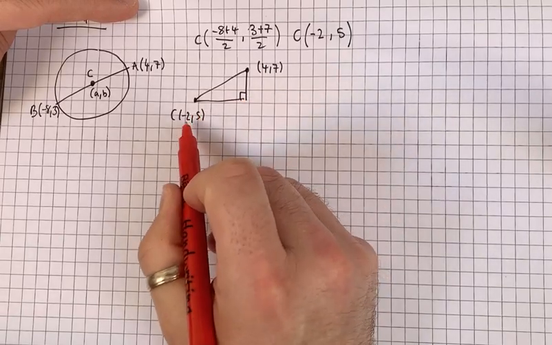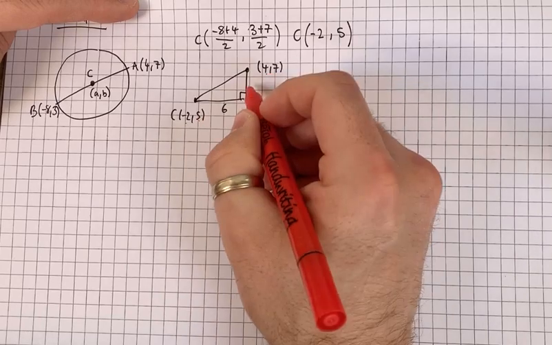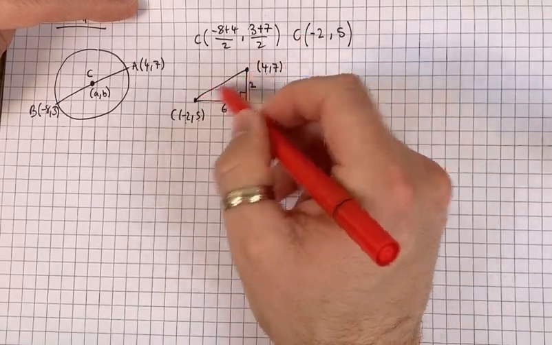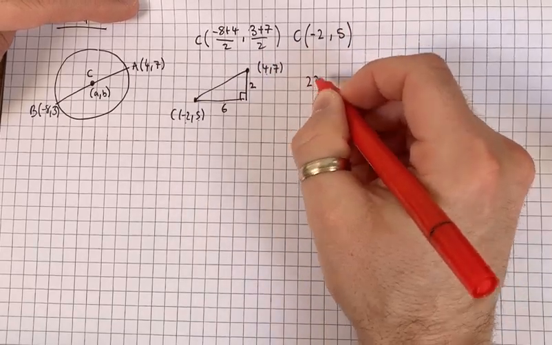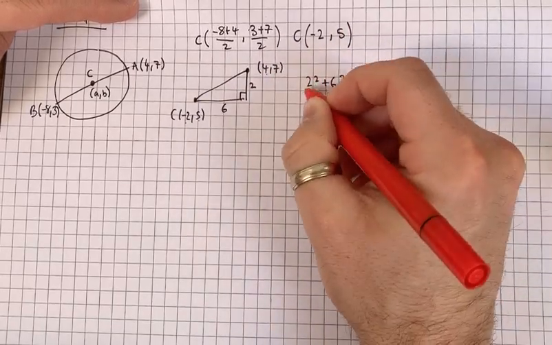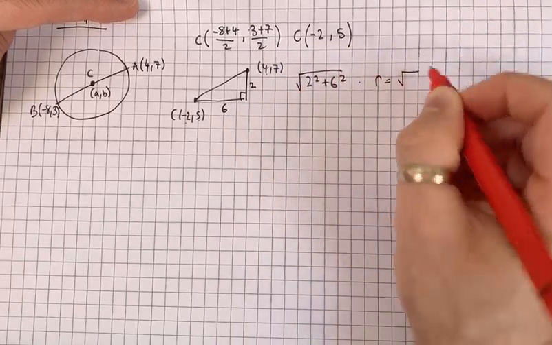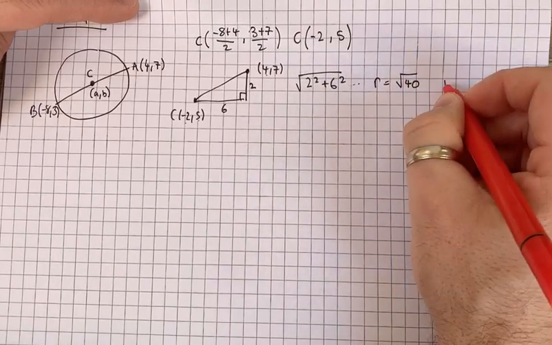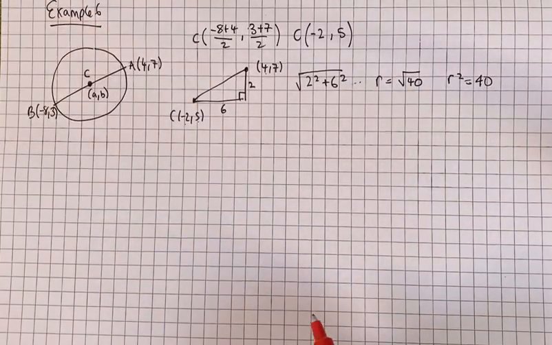So we can see we need to go from minus 2 to 4, which is 6 across, and 5 to 7, which is 2 up. So applying a bit of Pythagoras' theorem, we're after the hypotenuse, so we square, square, add, square root. So 2 squared plus 6 squared, square rooted. So r equals root 40, meaning r squared is 40. So that bit of working was superfluous.